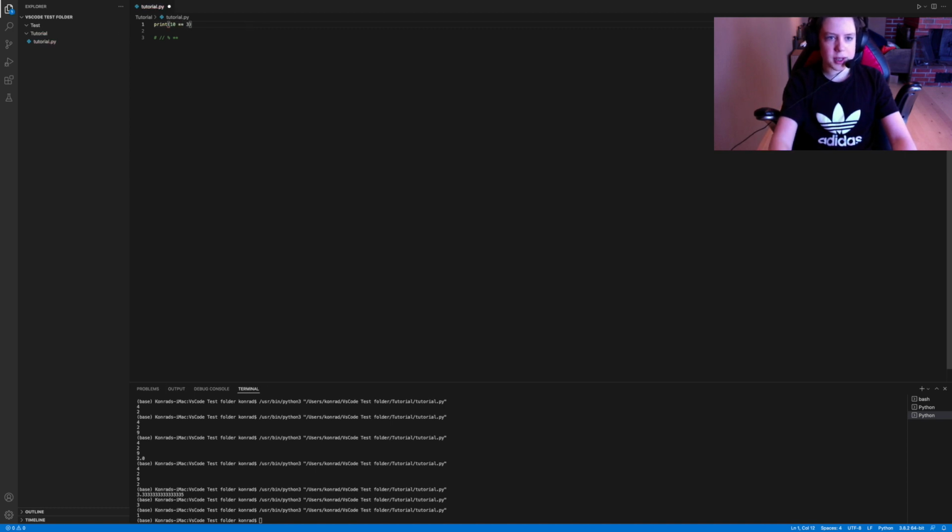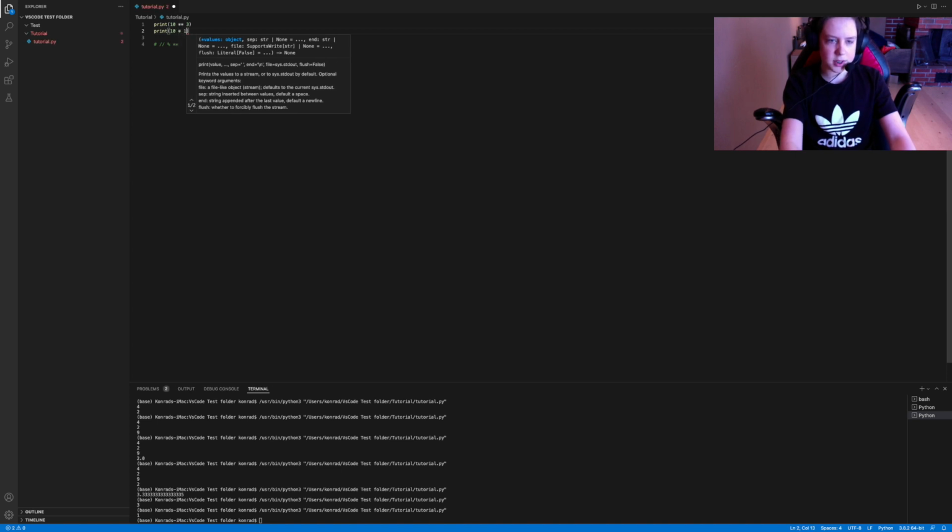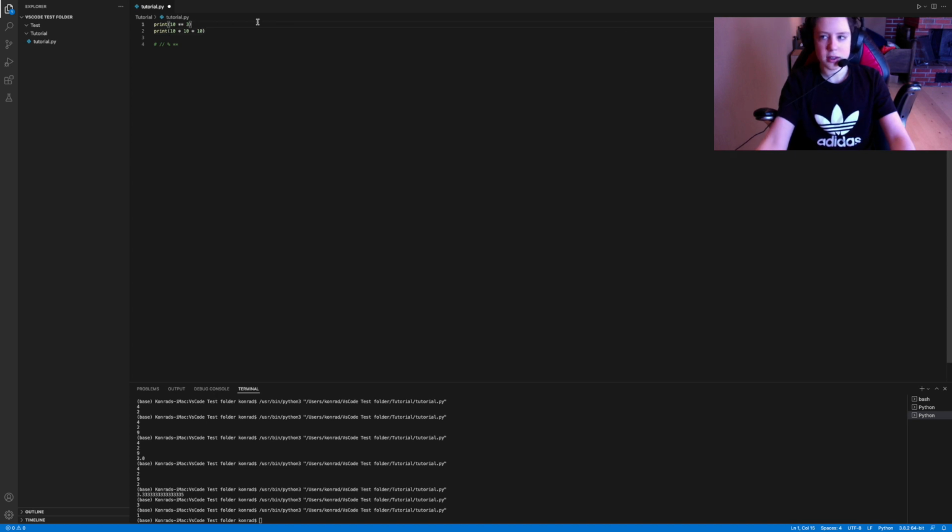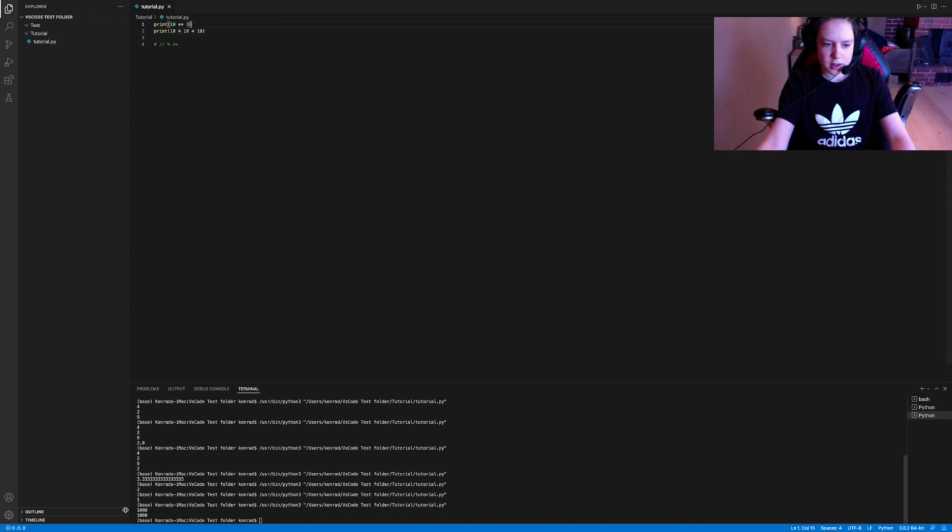The double multiplication sign is an exponent, so it raises 10 to the power of 3, which is like saying you take 10 times itself 3 times, so 10 times 10 times 10. As you can see, that's 1,000.